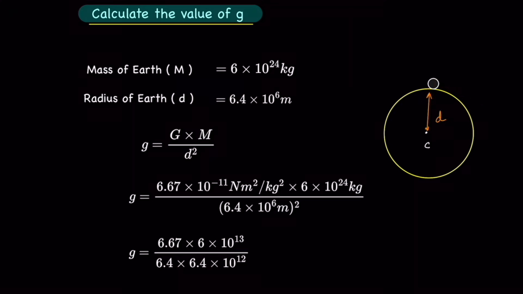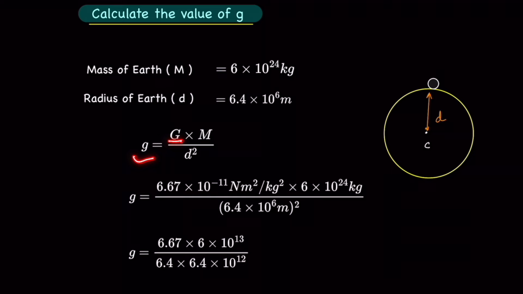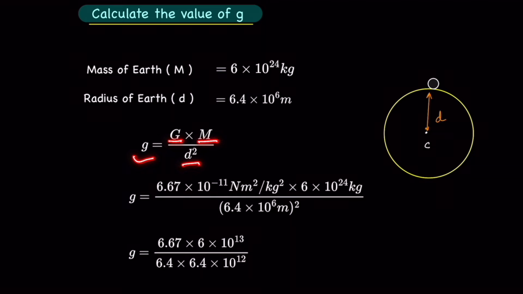After applying the formula, small g is equal to capital G into capital M by d square. Capital G is 6.67 into 10 to the power minus 11. Capital M is 6 into 10 to the power 24. And the radius of Earth is 6.4 into 10 to the power 6 meter. The radius of Earth in kilometer is 6400 kilometer.